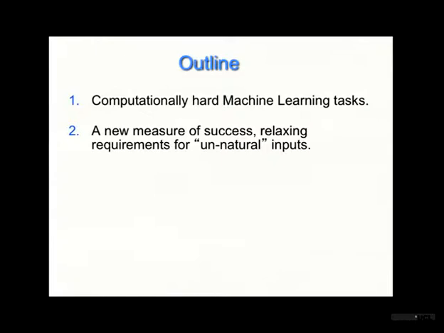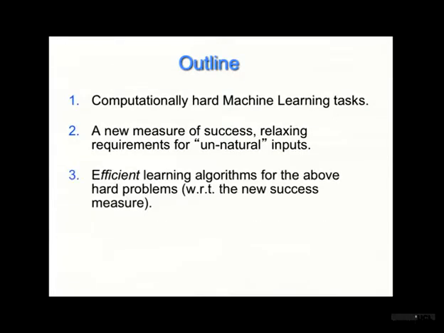I'll talk about requirements from the notion of natural inputs versus unnatural inputs, and I will allow my algorithm to run more time as the input becomes less and less natural. So the conclusion will be that algorithms run efficiently on natural inputs. The reason they are NP-hard is because they get stuck on the unnatural ones. And then I'll show an efficient algorithm for all those problems under my notion of natural data.